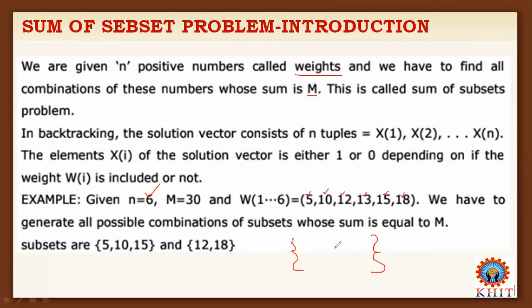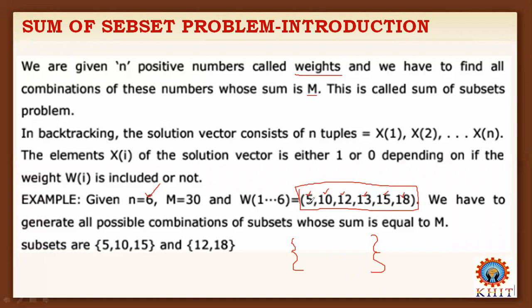You can add the elements which can be selected from the given weightage list, starting from weight 1 to weight 6. You can select any elements and add those selected elements, and finally the sum of those selected elements is exactly equal to the value of m.